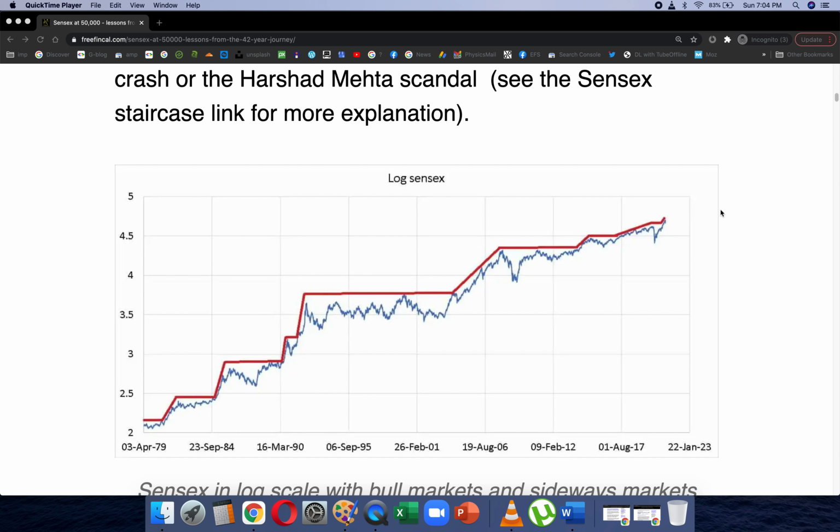And that's the reason why these daily up and down fluctuations have become less and less violent over time. What is known as volatility bunching. That is, volatility bunching means that if there is a large up movement, then there will be a large down movement, or if there is a large down movement, it will be followed by a large up movement. Small up movements will be followed by small down movements, and vice versa.